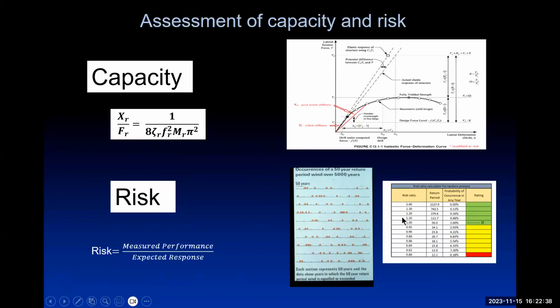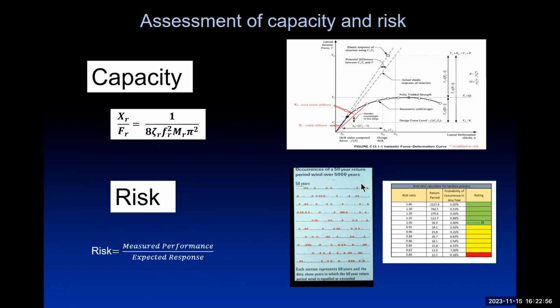It's possible to look for changes in the risk ratio. And I do like to tell people that this diagram here, produced by a colleague of mine at the Building Research Establishment, was produced a long time ago.